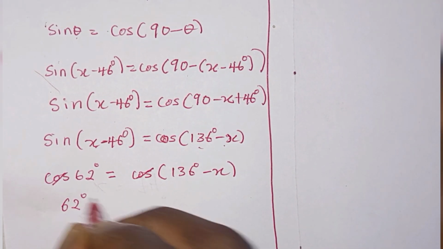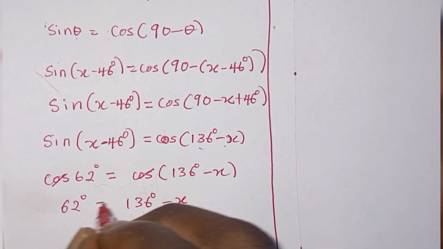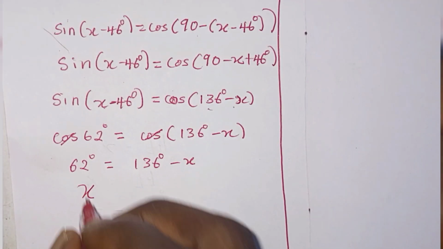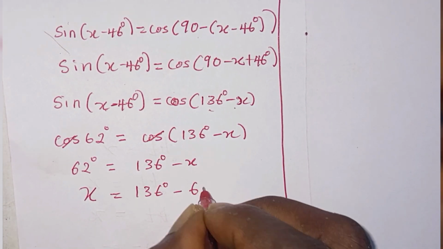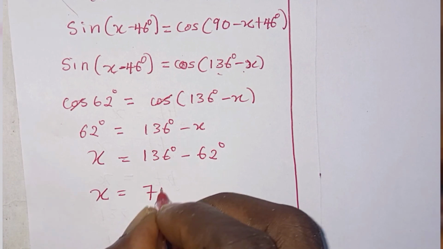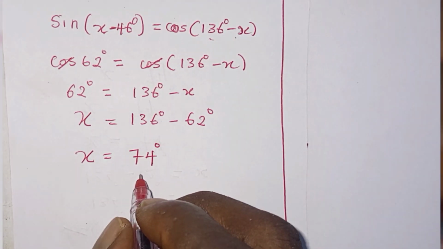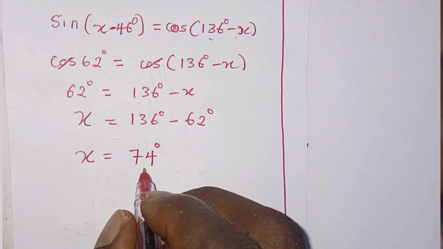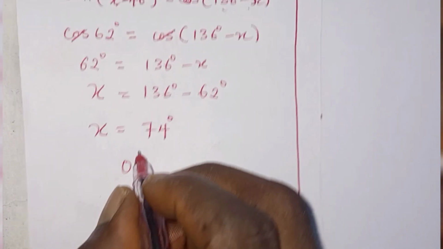That is 62 degrees is equal to 136 degrees minus x. Collect like terms. So x will be equal to 136 degrees minus 62 degrees, so x will be equal to 74 degrees. That is the value of x. x is equal to 74 degrees.